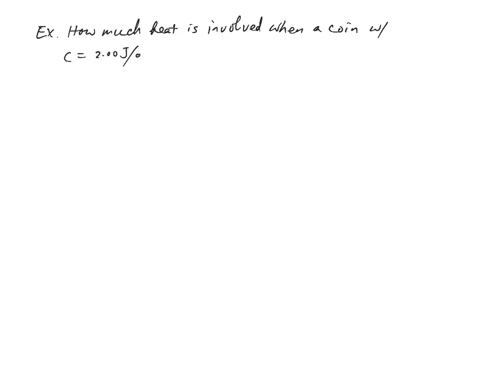One more example. How much heat is involved when a coin with a heat capacity C equal to 2.00 joules per degree Celsius changes its temperature from 22.5 degrees Celsius to 22.0 degrees Celsius?